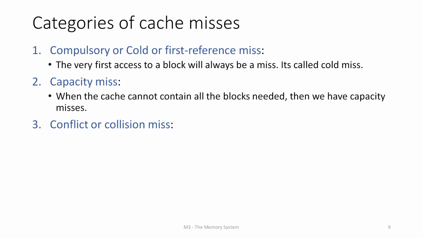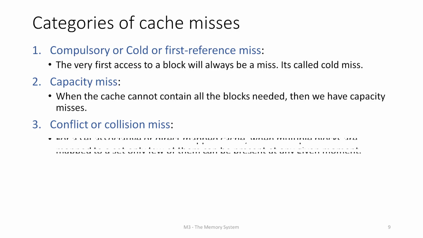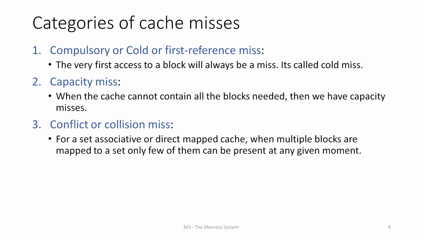The third category of misses are called conflict or collision misses. Now, if we have a set associative or direct mapped cache, multiple blocks can be mapped to a single set. Because of the limited capacity of this set, only a few of them can be present at any given moment.